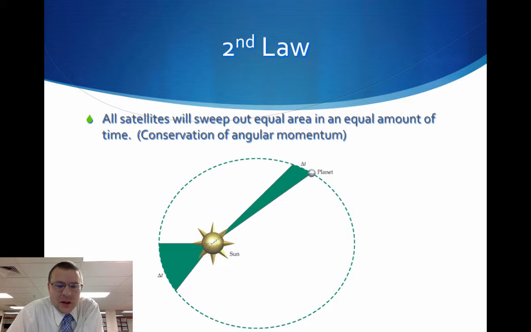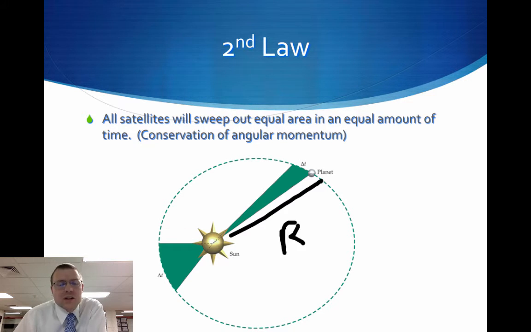I have a little note in parentheses there that says we're really just conserving angular momentum. So let's think about this in terms of angular momentum conservation. The planet is a certain radius away when it's at this part in its orbit, and it's moving in a straight line. All objects want to move in a straight line. They don't want to follow circular or elliptical paths.